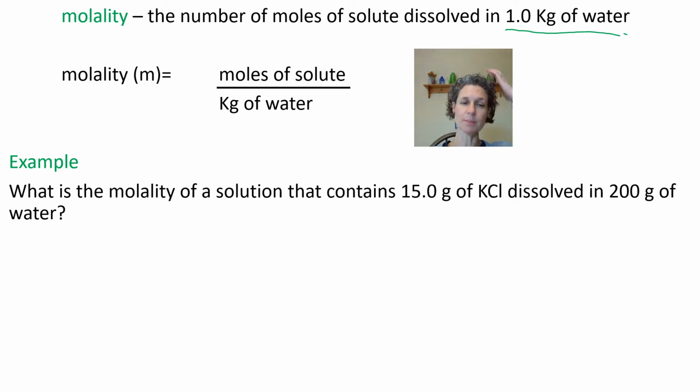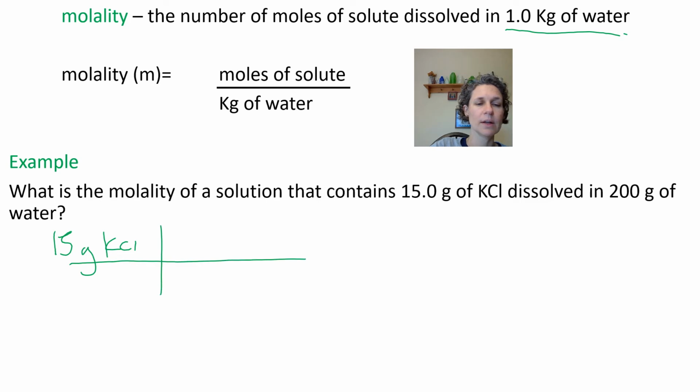So it wants to know what is the molality of a solution that contains 15 grams of KCl dissolved in 200 grams of water. And so the first thing you have to do is get to moles. So you would do 15 grams of KCl, and a mole problem, 1 mole.